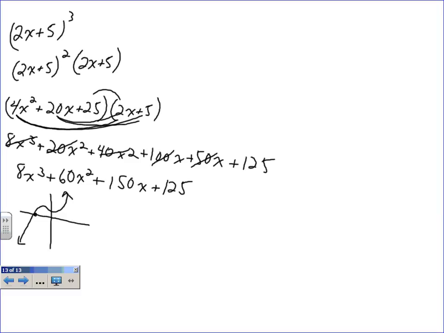All right. So now we talk about factoring. The first thing I want you to look for when you factor, well, maybe we have something like this. 5x cubed minus 500x.